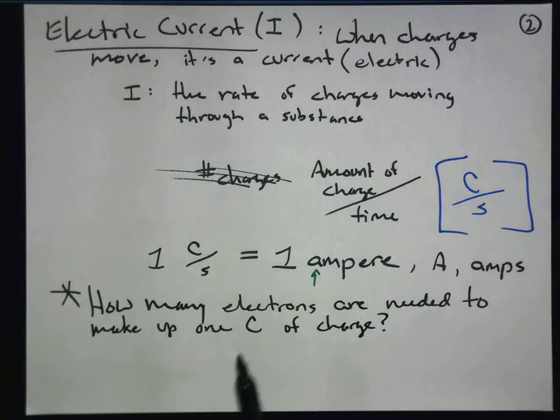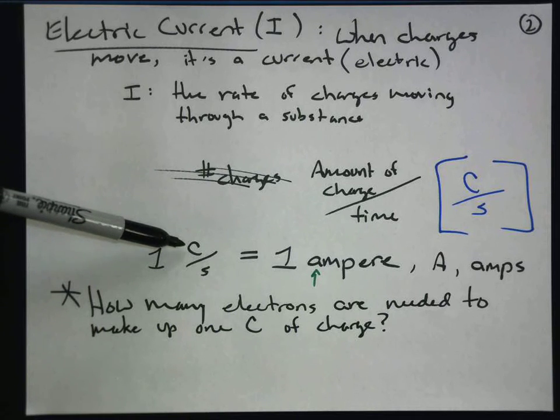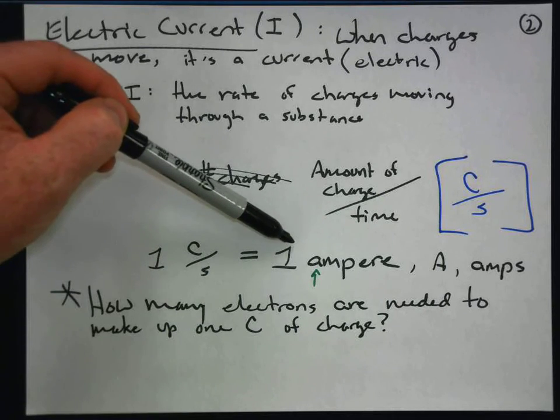And the reason we want to ask this question is because if we know the number of electrons that make up 1 coulomb of charge, we can say, well, then we know the number of electrons that have to flow through a material to create 1 ampere of current.